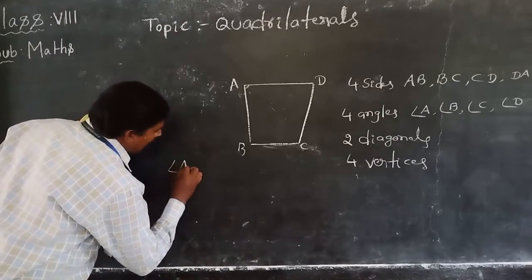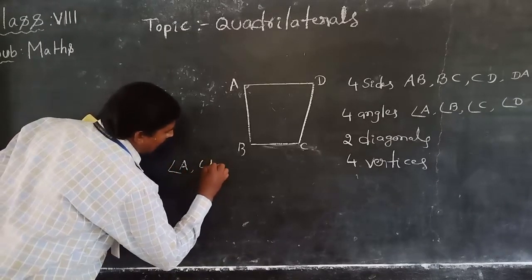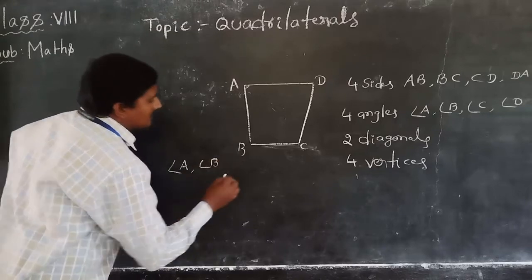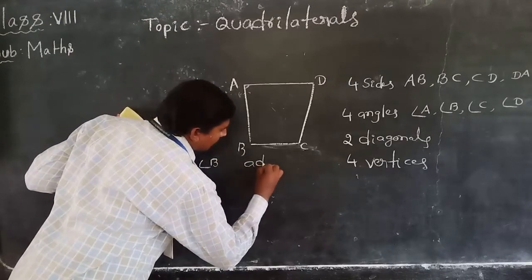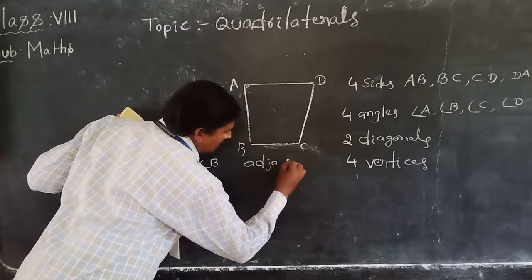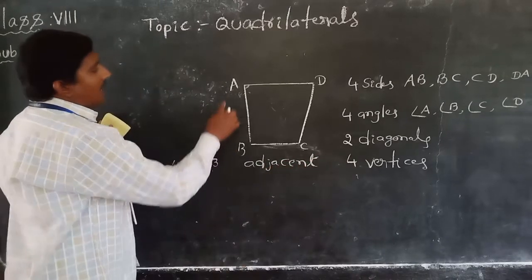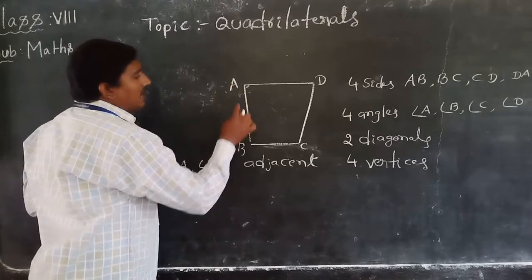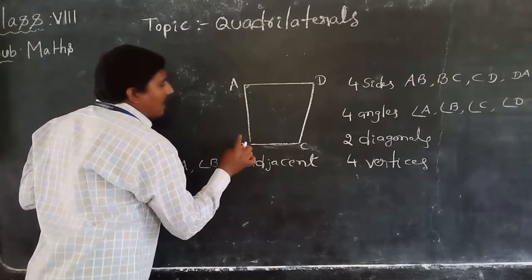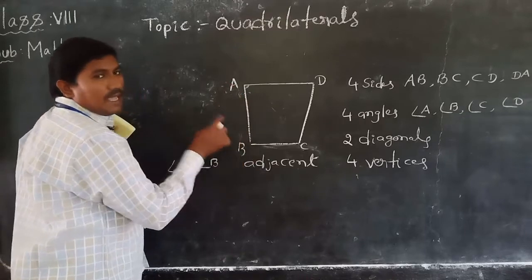Angle A and angle B are adjacent angles. Why? Because side AB is common to these two angles.